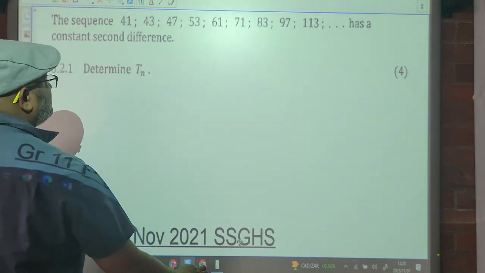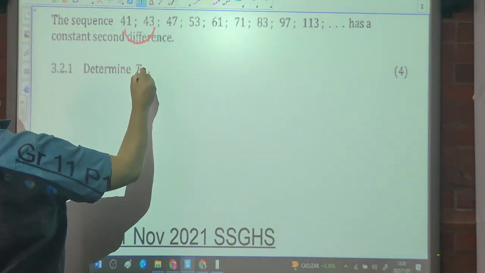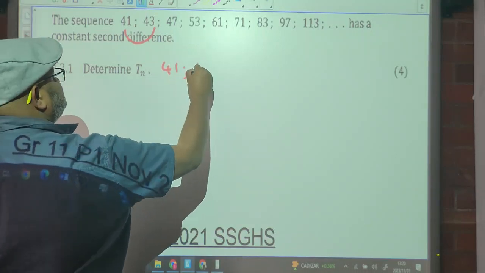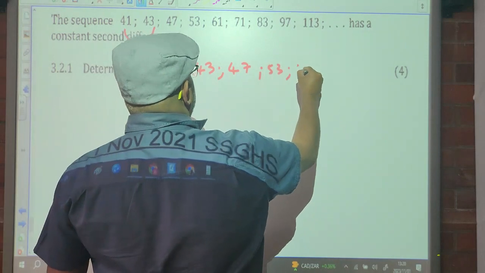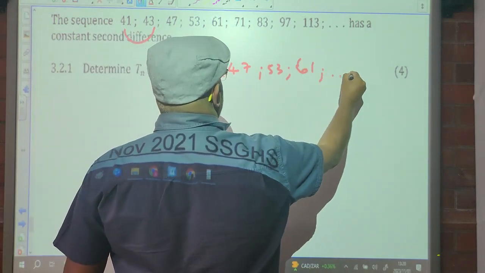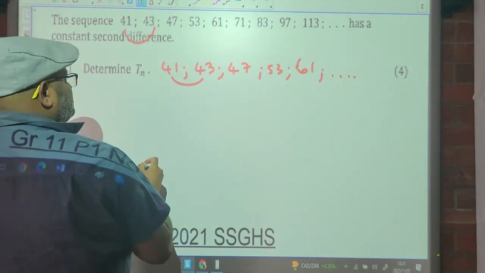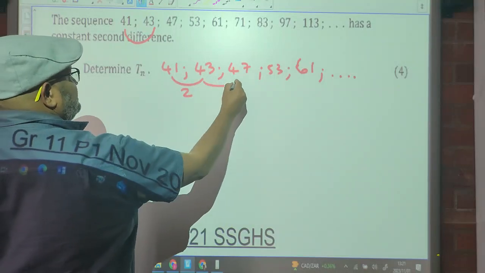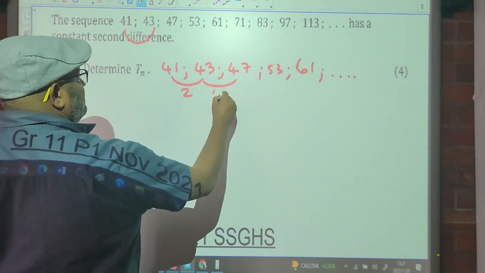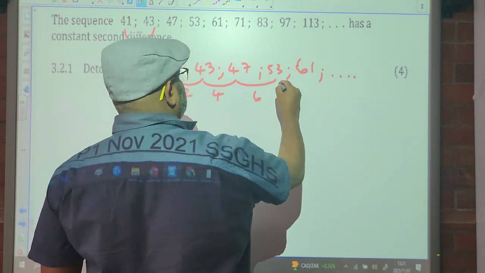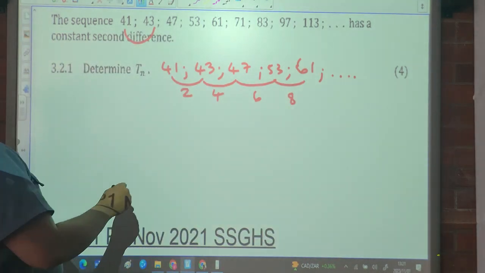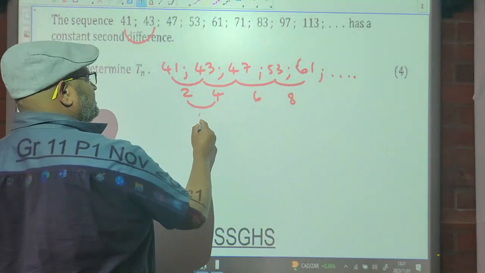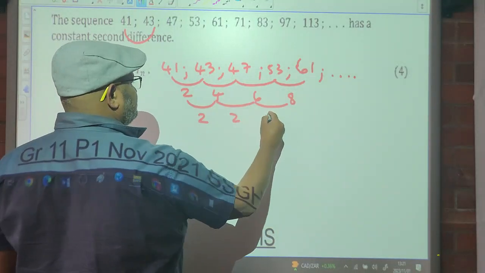We know that it is quadratic. So how do I move from one term to the next? I'm adding 2, then 4, then 6, then 8, and so on. How do I move from 2 to 4? You're adding 2 all the time.